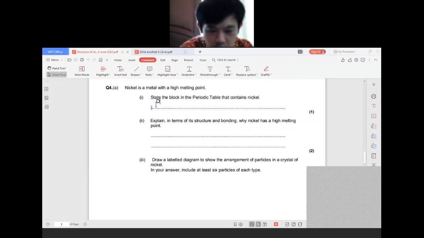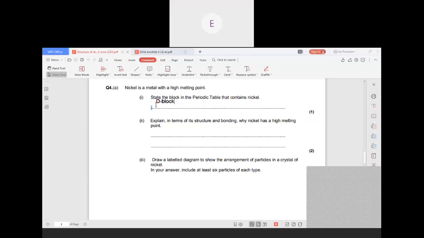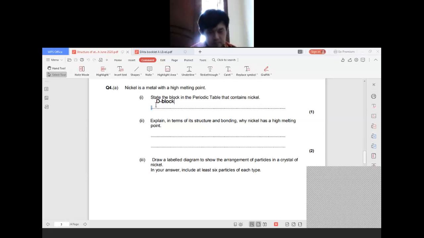And then explain in terms of its structure and bonding why nickel has a high melting point. Let me ask Avo. Hello, Avo. What is the bonding in nickel?